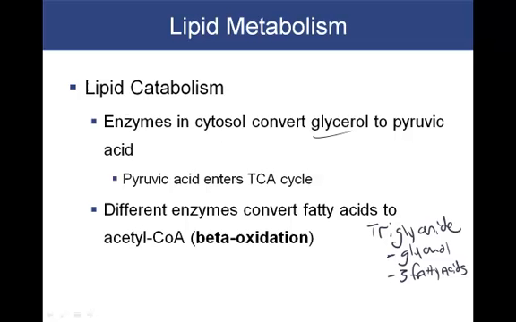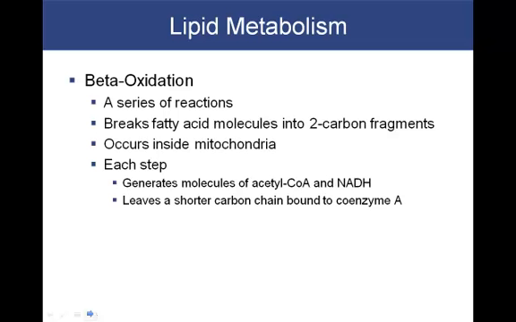Fatty acids can also be catabolized, and this process is known as beta oxidation. Fatty acids are converted to acetyl-CoA. I didn't talk a lot about acetyl-CoA, but just to try to give you some comprehension of the placement of this molecule and what we've already discussed. At the end of glycolysis, you end up with pyruvic acid.